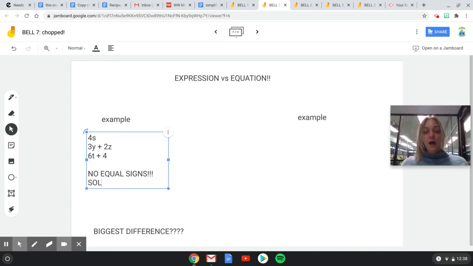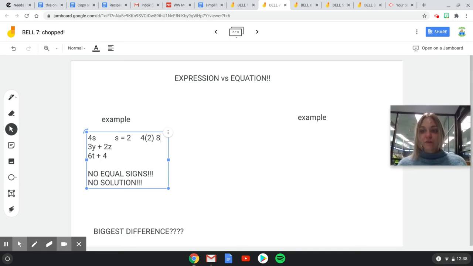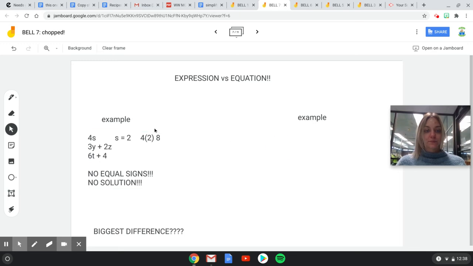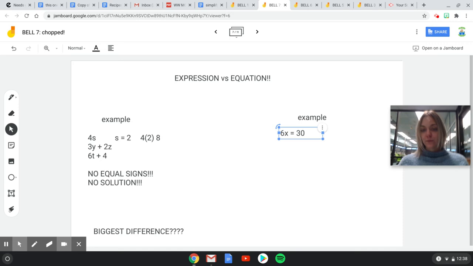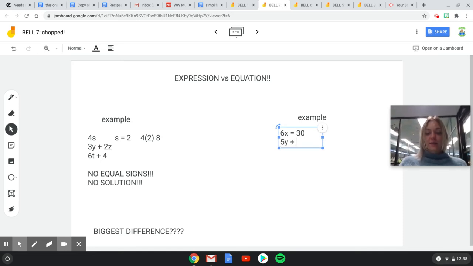You also don't have a solution. So you can evaluate an expression, like if I told you up here that s equals 2, you can evaluate what 4 times 2 is, but we're not solving for a variable like you do in equations. Now, that leads me into my next talking point about equations. Some examples would be 6x equals 30, or 5y plus 2z equals 45.